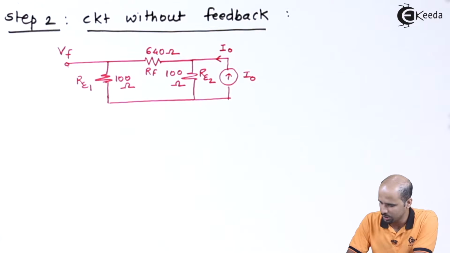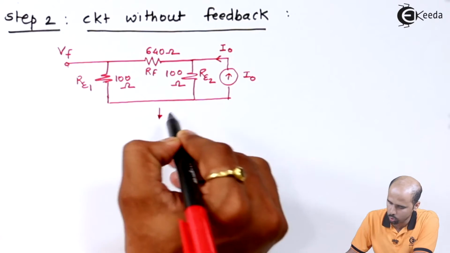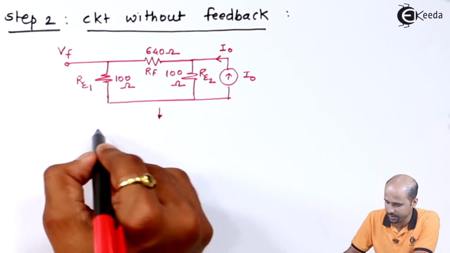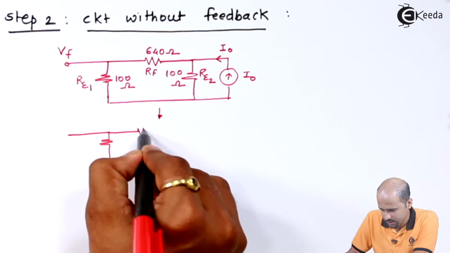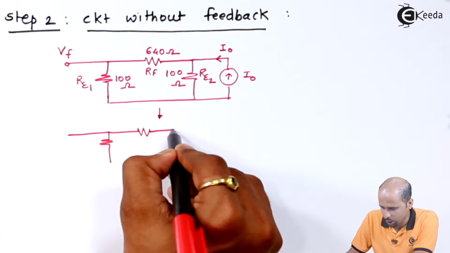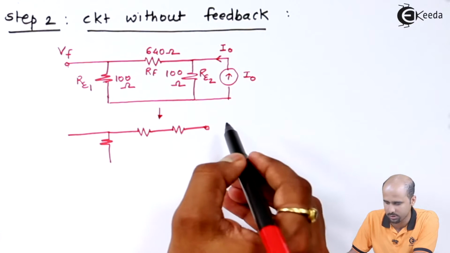Before that, can we represent this in the form of source transformation? Yes, easily. So by using source transformation, we can do some changes in this particular circuit. This will be as it is, this will be as it is, but along with that I can say this is a series connection and this is now your voltage source, right?